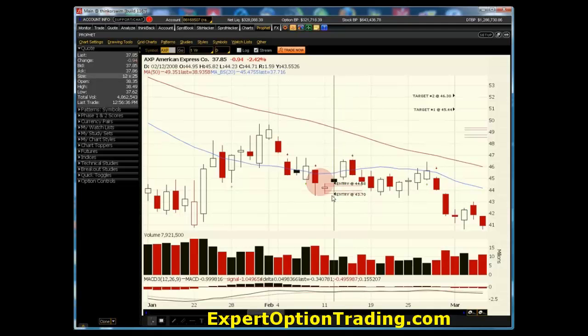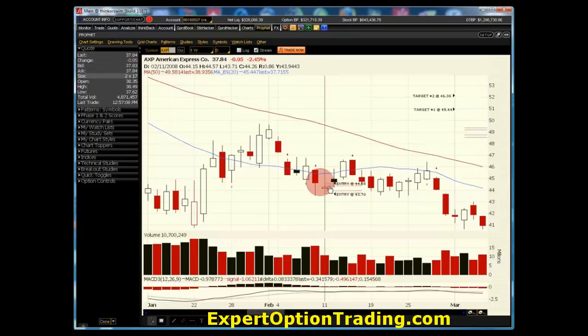In other words, if the price the very next day breaks through the lower end of this inside day's trading range, then we want to go short at $43.70. If it goes above the high of the trading range of this inside bar, then we want to go long at $44.58.